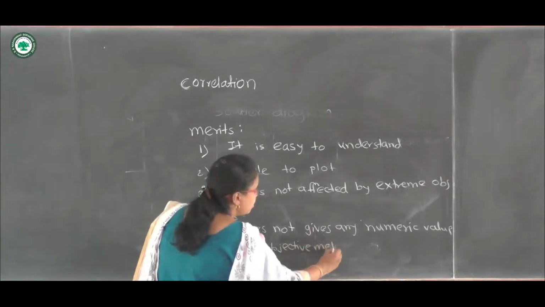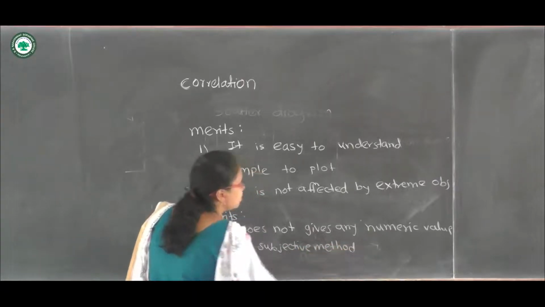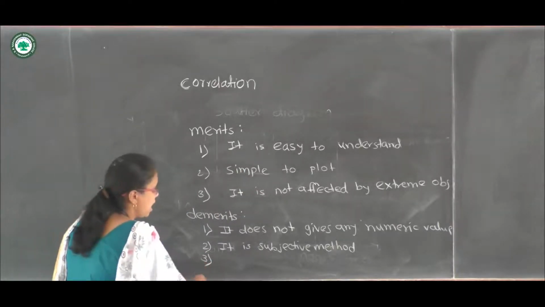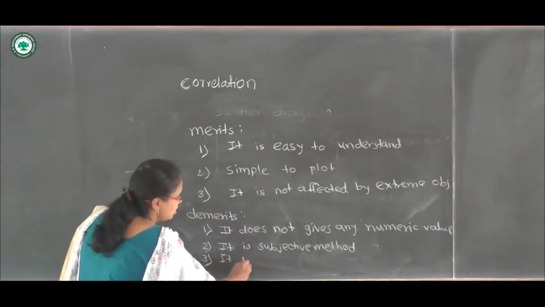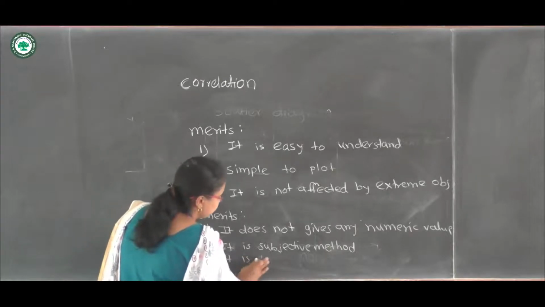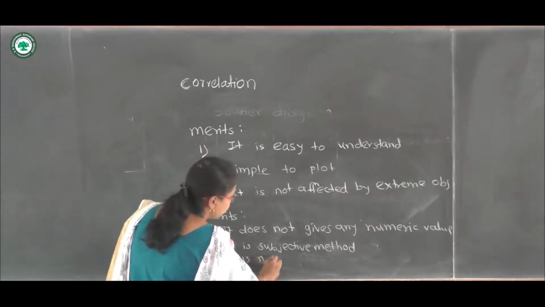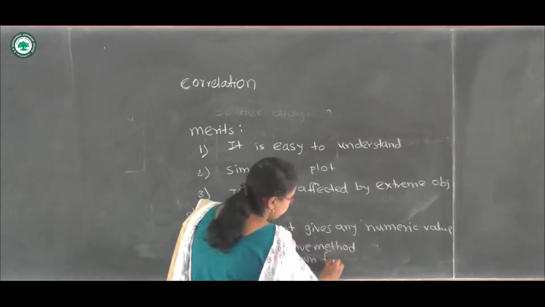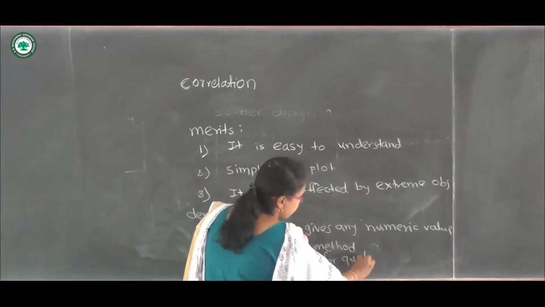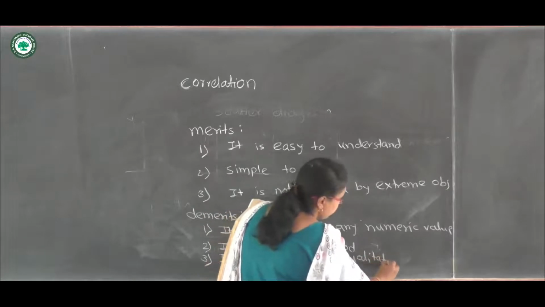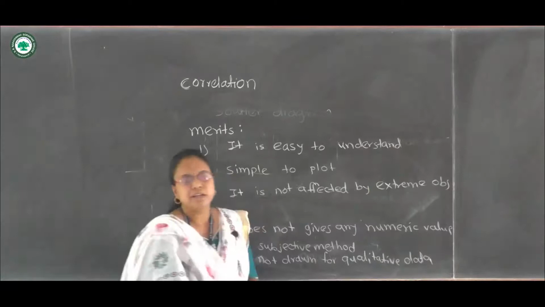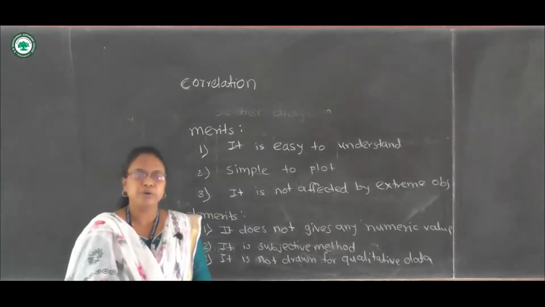We require only quantitative data to plot the scatter diagram. And the last one is, it is not drawn for qualitative data. So here are the merits and demerits of the scatter diagram.